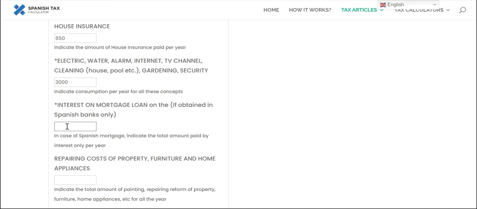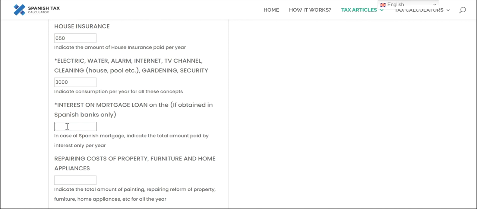Then a question that you have to consider is in case you have a mortgage that has been used in order to buy the property and is coming from a Spanish bank. Then you have the option to deduct the interest that you have paid during the year on this mortgage, and this amount will be used to reduce the Spanish tax.